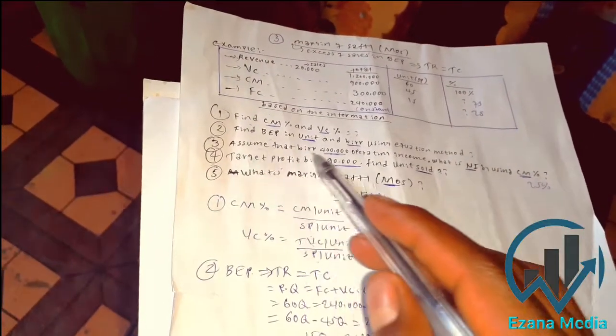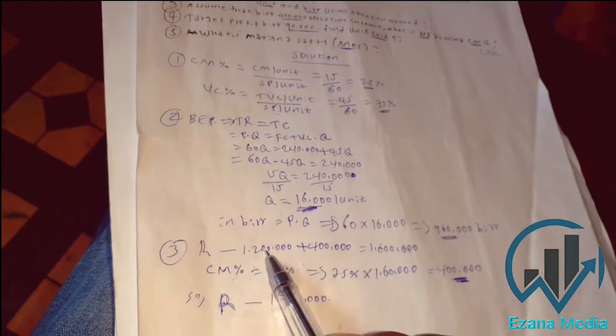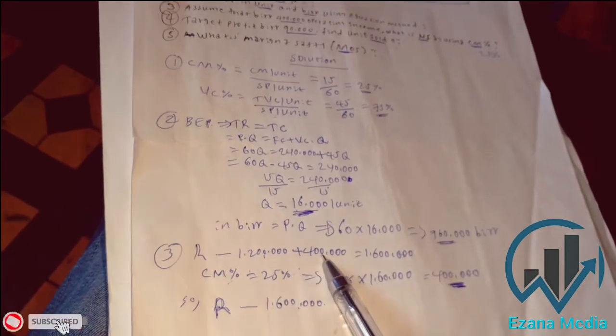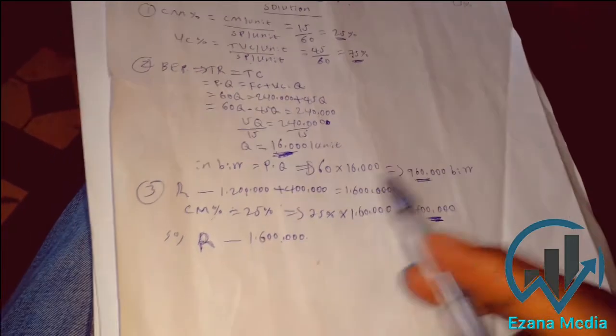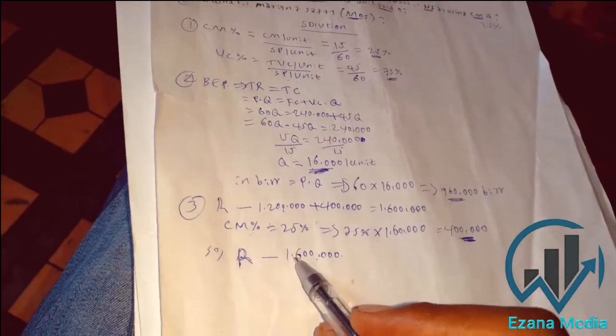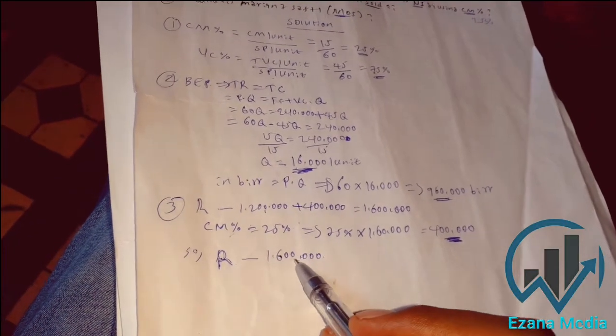By adding 400,000 operating income, what is net income? So revenue 1,200,000 plus 400,000 means that 1,600,000. So revenue is equal to 1,600,000.